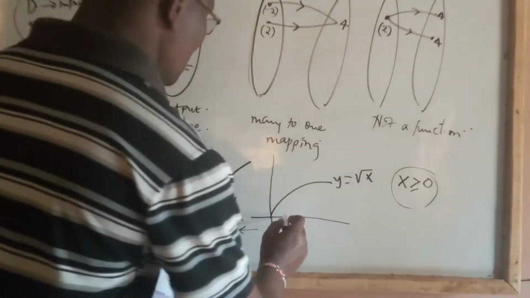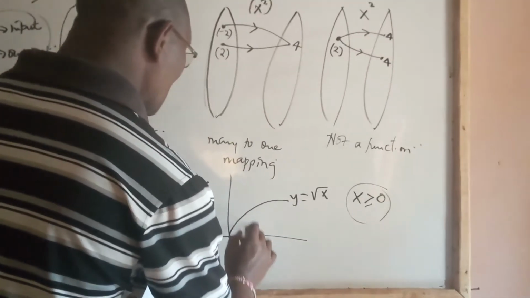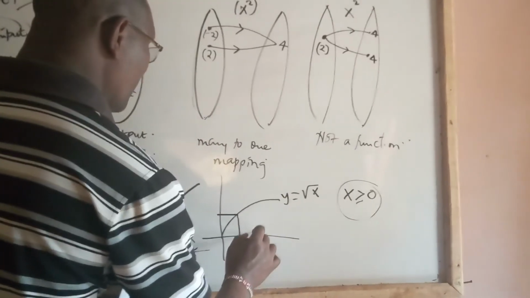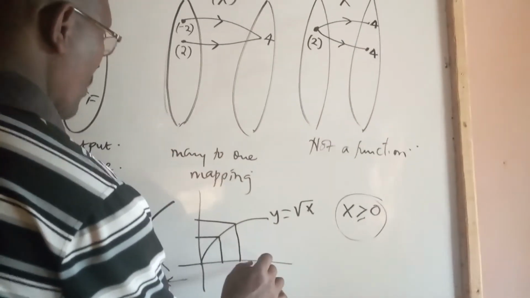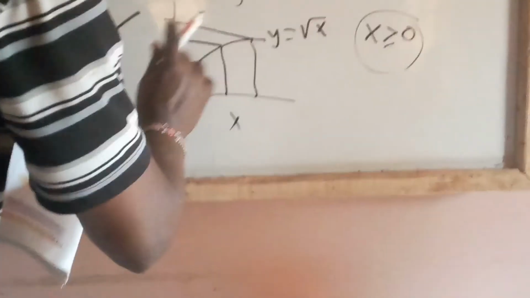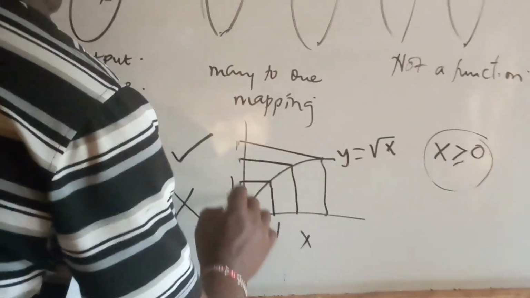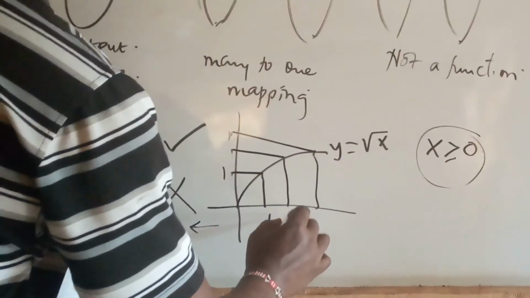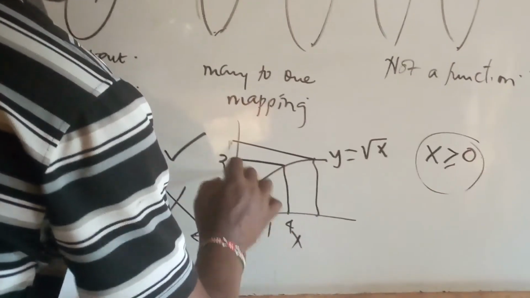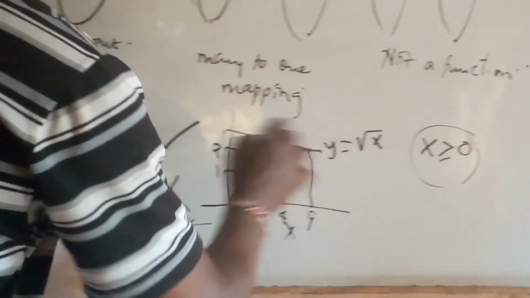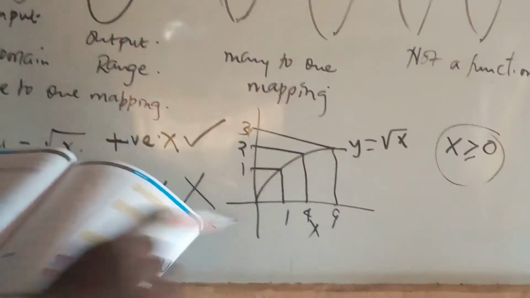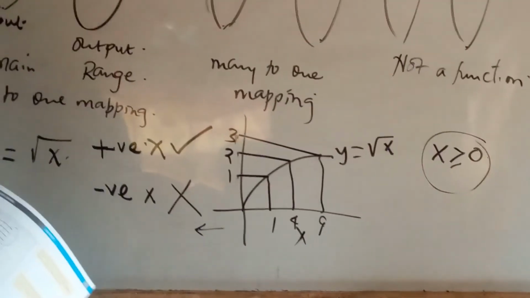Of course, whatever value of x, we have the value of y. Such that when x is 1, y is 1. When x is 4, y is 2. When x is 9, the root of 9, y is 3. That is exactly what we mean.